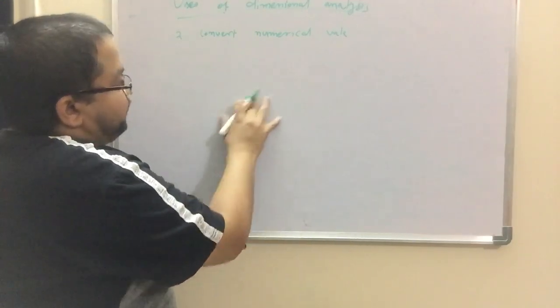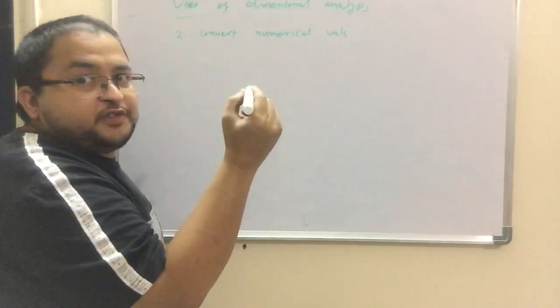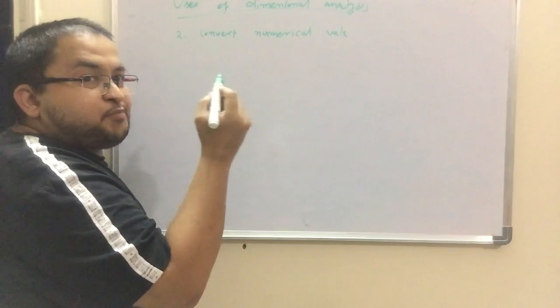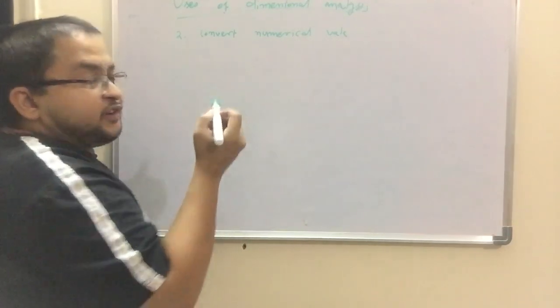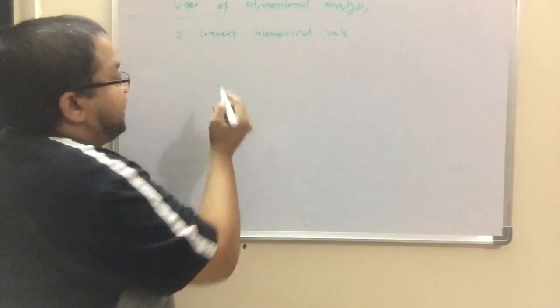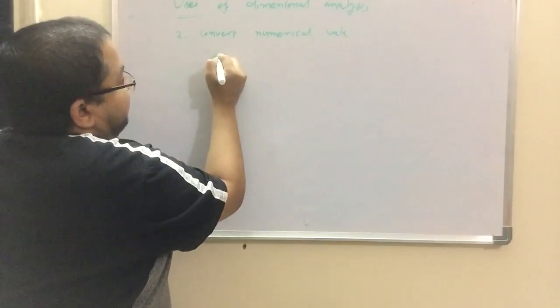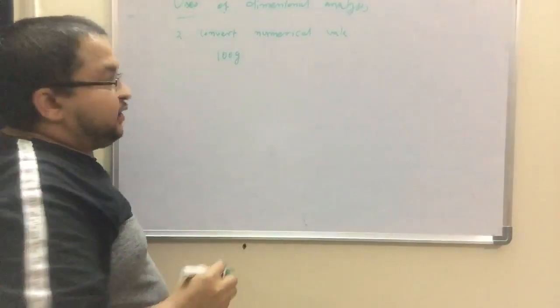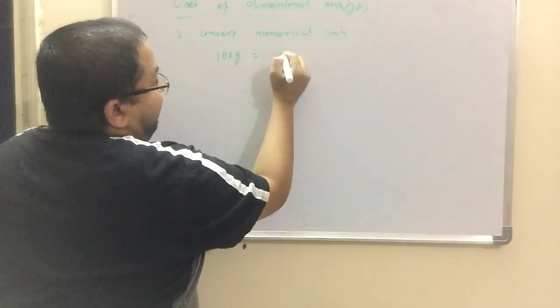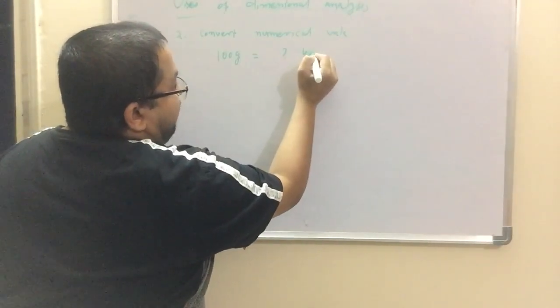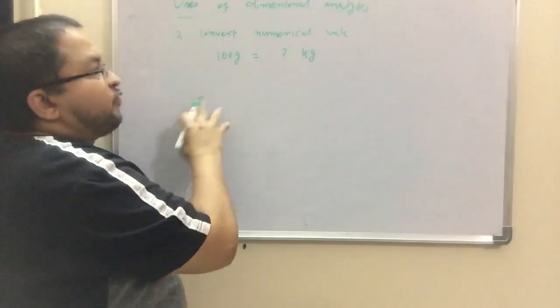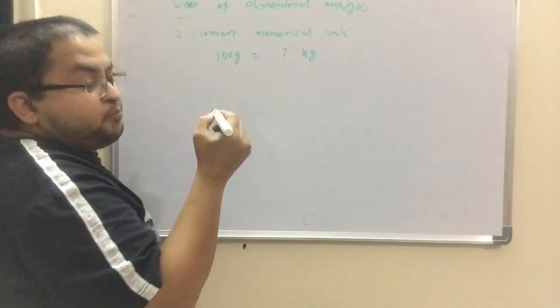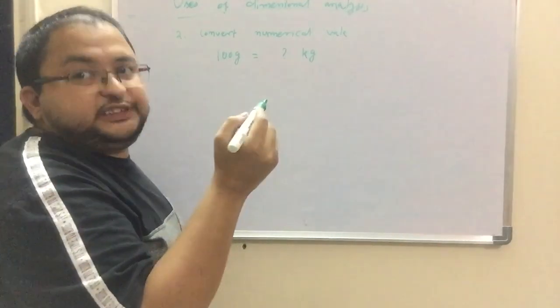So for example, if I say mass of this pen, obviously my physical quantity is mass, right? And if I'm saying mass of this pen is 100 gram, and if I say how many kilogram will it be, obviously the mass of my pen is not changing.